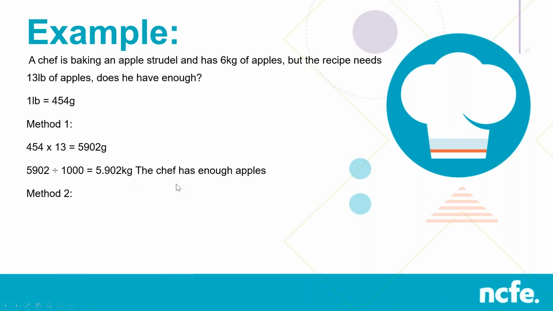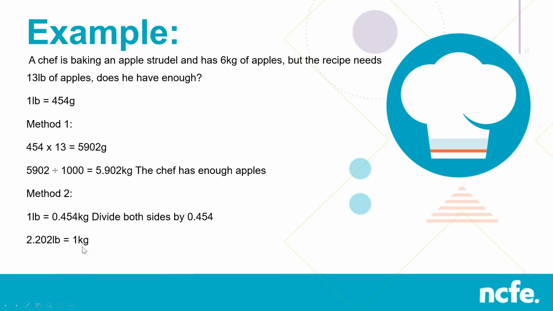And the next method, and either method would be valid, if 1 pound equals 0.454 kilogram, but we want to find out what 1 kilogram is in pounds, divide both sides by 0.454. So 1 divided by 0.454 is 2.202 pounds, and 0.454 divided by 0.454 is equal to 1.